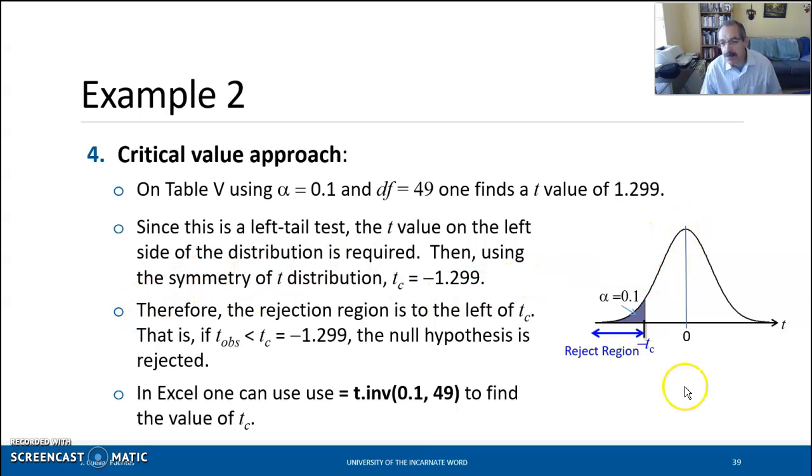But we can use the symmetry of the t-distribution, and since it is centered on 0, we can say that the critical value is just the negative of the equivalent value on the right side of the distribution. So the t-critical in this case is minus 1.299. And the rejection region is to the left of minus 1.299. Again, if you want to find the t-critical using Excel, here is the formula.